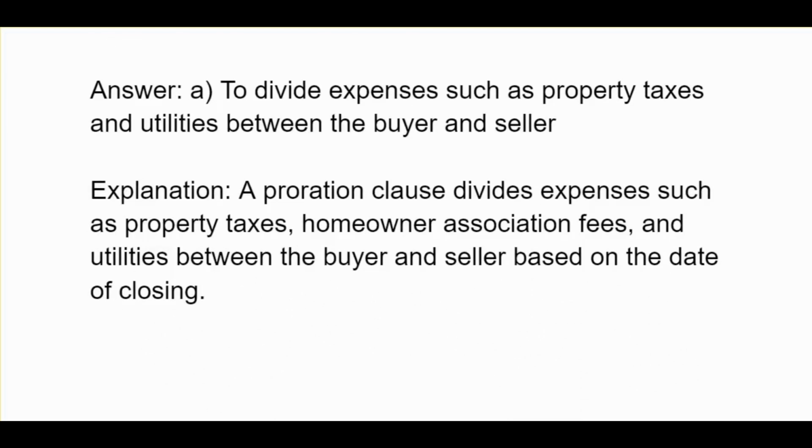A, to divide expenses such as property taxes and utilities between the buyer and seller. A proration clause divides expenses such as property taxes, homeowners association fees, and utilities between the buyer and seller based on the date of closing.